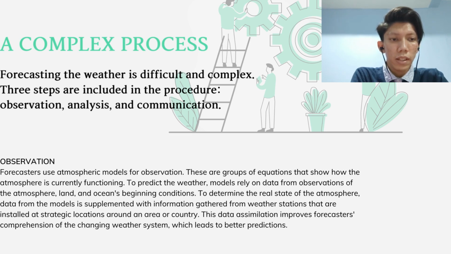To determine the real state of the atmosphere, data from the models is supplemented with information gathered from weather stations that are installed at strategic locations around an area or country. This data assimilation improves forecaster comprehension of the changing weather system, which leads to better prediction.